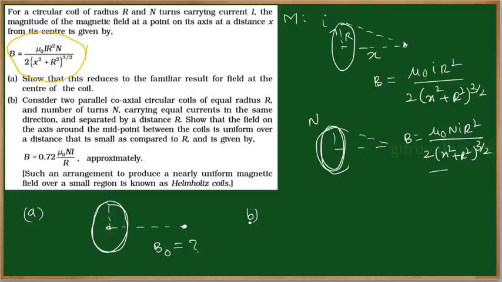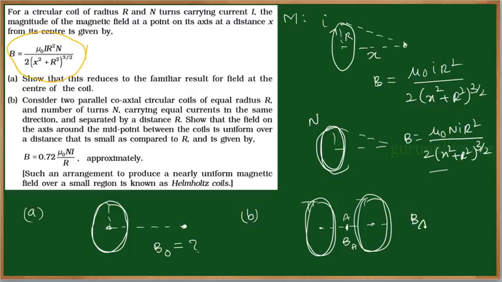And the second question is, we have been given two coils like this which are placed such that their centers lie on an axis, and at the midpoint of this line we need to find out the magnetic field. So two things we need to find out.